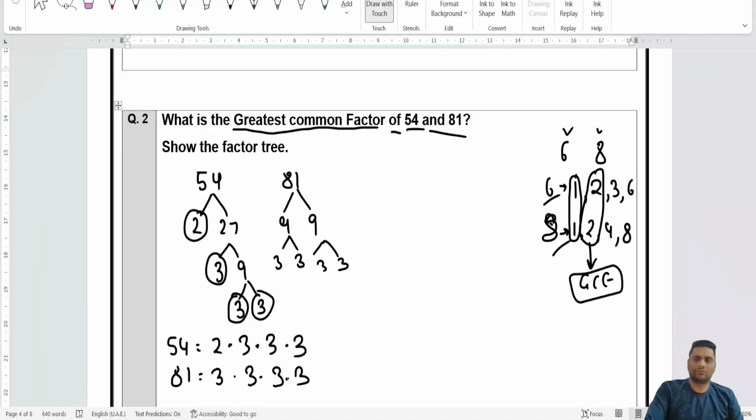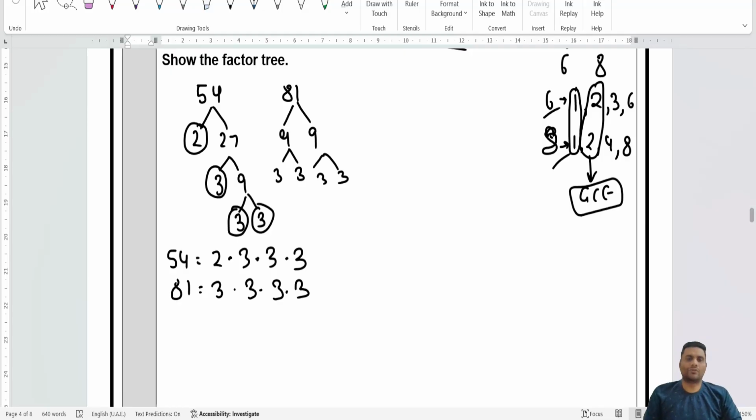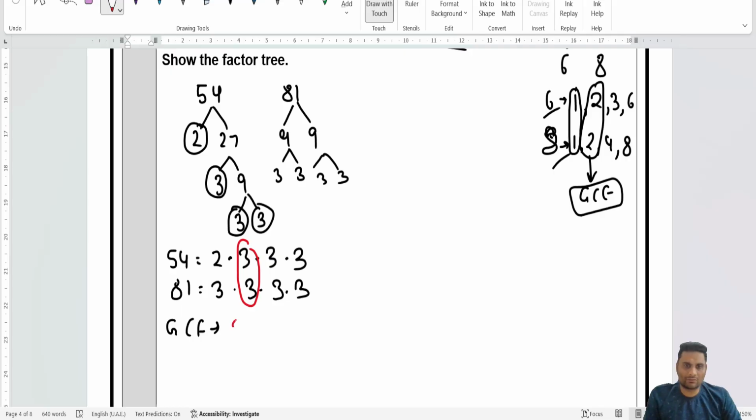Now for the GCF. To find the GCF, what will you do now? Whichever factors are the same, bring them down. Check, the 3 and 3 are the same, so bring down the 3.